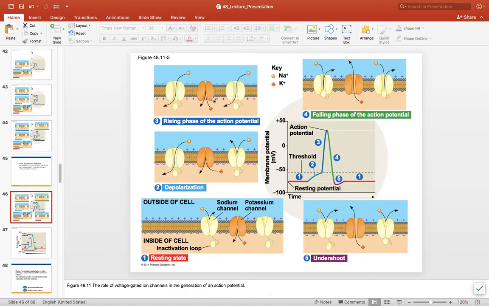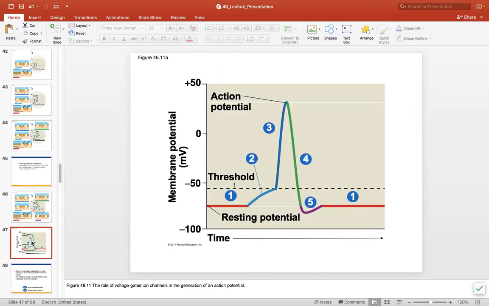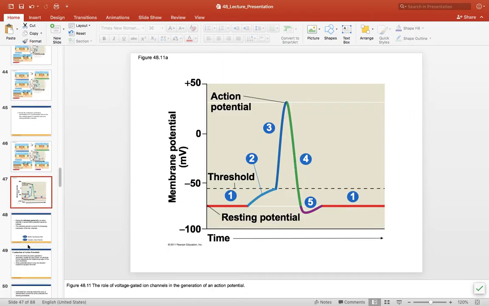So this whole picture is happening at multiple places along that cell membrane, down the axon, and through that neuron cell. So this is definitely a graph that you are going to want to know.